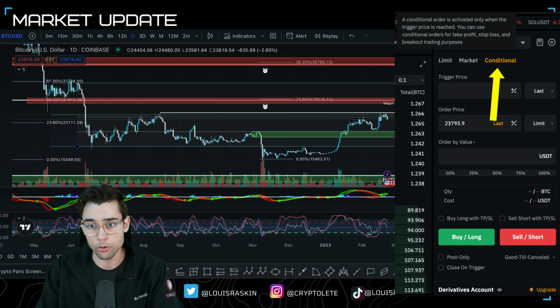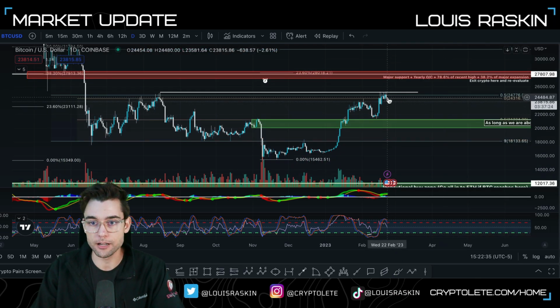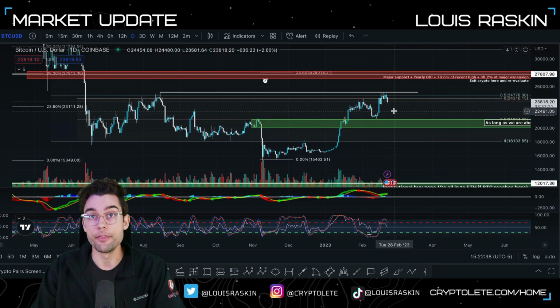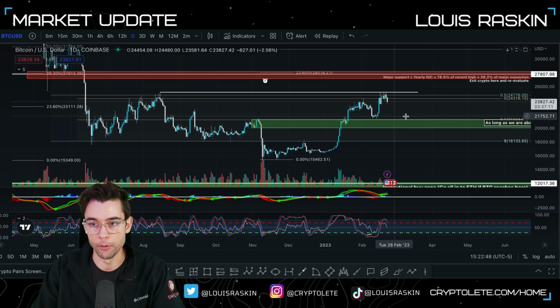So conditional orders are orders that you can place on the exchange that say, if the price comes down to this level, then you will buy either at this level or maybe a little bit below it. You'll put an order a little bit below it.